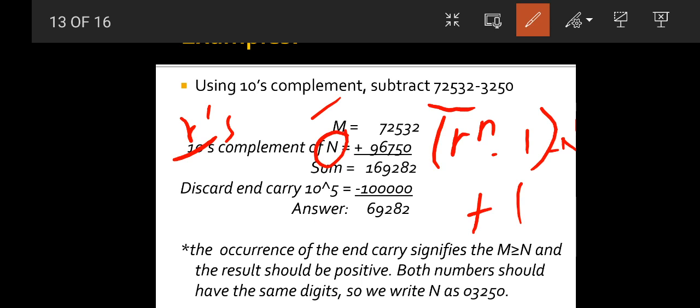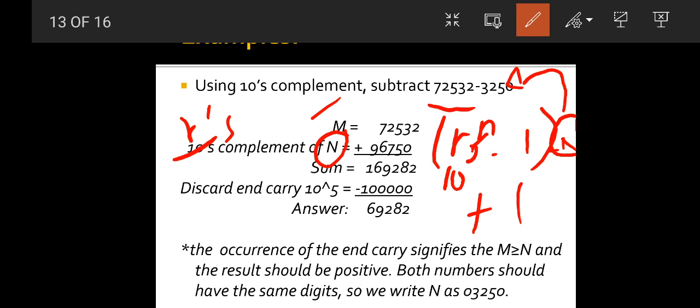So your r will be 10, raised to the power of how many digits? The digits are 5, minus 1. Your n will be this one, 3,250.